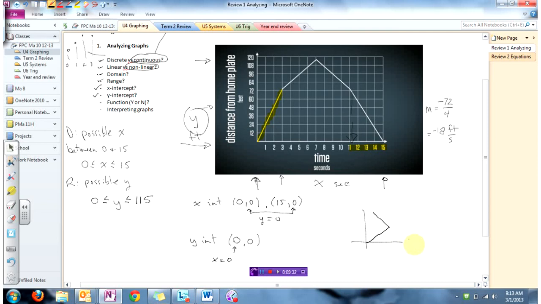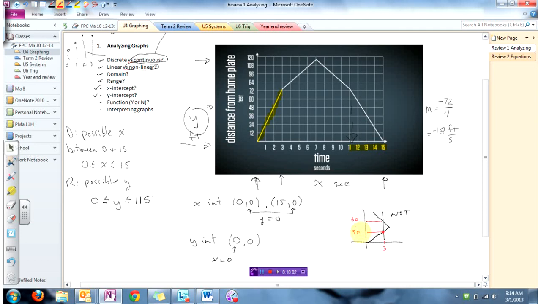So what I've just drawn is a good example of something that we would say is not a function. In other words, what I've just drawn is really not possible if you're measuring time and distance. So for example, let's say after 3 seconds, it would make absolutely no sense for someone to be, I don't know, 30 feet from home plate and to also, at exactly the same time, be 60 feet from home plate.